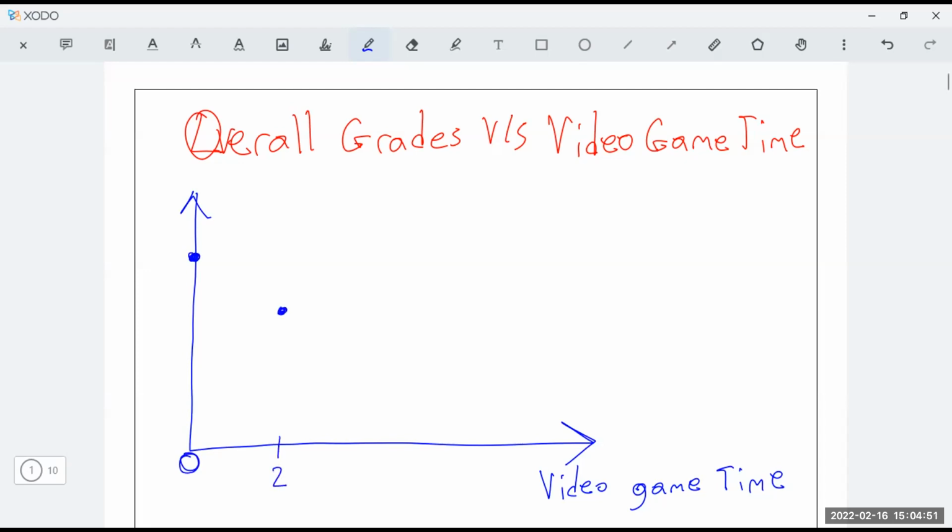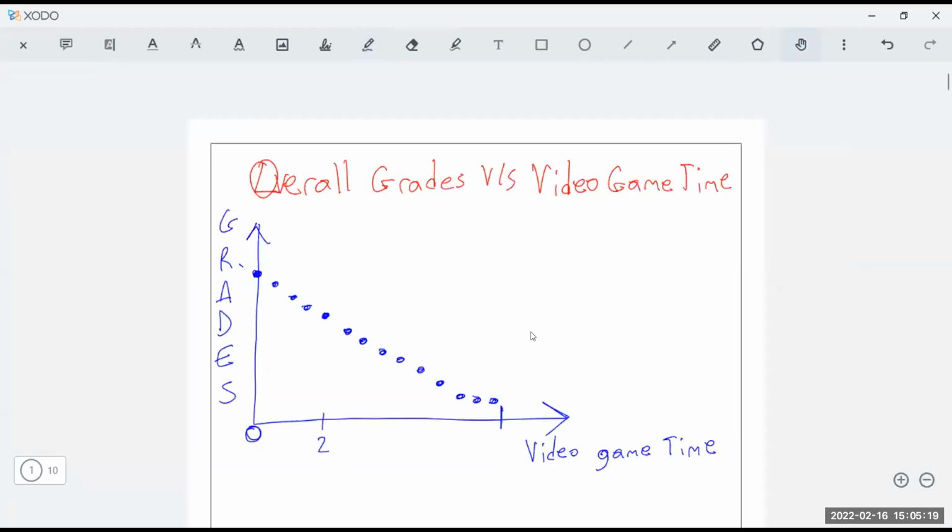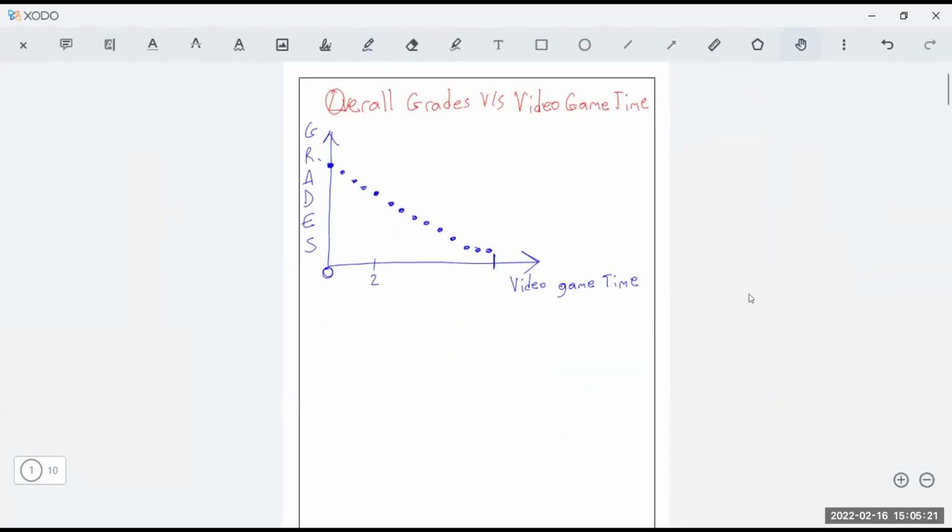But if over time you spend 8 hours, 10 hours a day playing games, your grade should drop. It doesn't necessarily have to be a straight line, but this is what we're saying should happen. The points can be all over the place, but just for clarity and keeping it simple, this is our grades, and this is video game time. So as we increase video game time, realize that our overall grades dip.